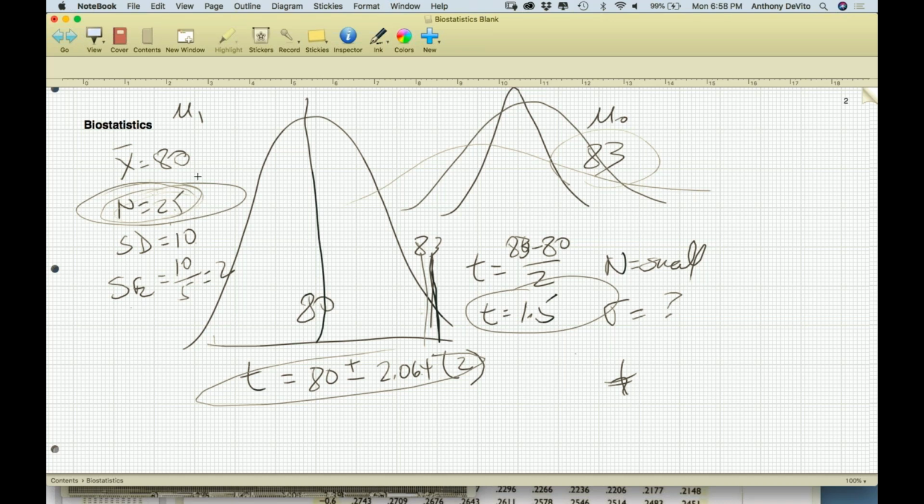Had we had a sample size of 100, our standard error would have been 1, right? And we would have been 2 standard errors apart. We still would have been a little bit short, wouldn't we? So let's see.